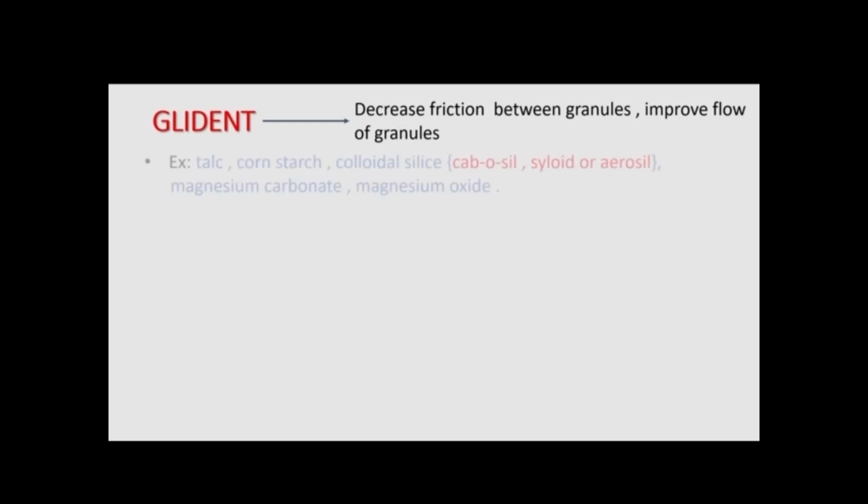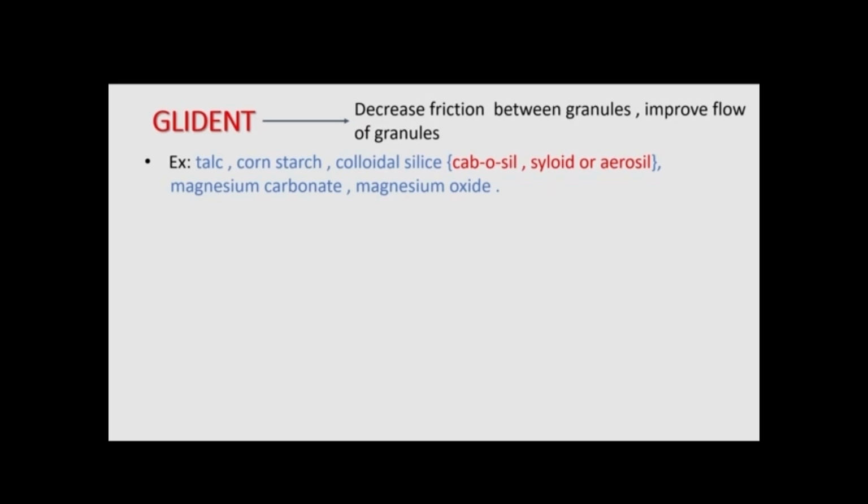What is a glidant? A glidant decreases the friction between granules and improves the flow of granules. There are different examples like talc, cornstarch, colloidal silica. Colloidal silica's trade names are Carbosil, Aerosil.